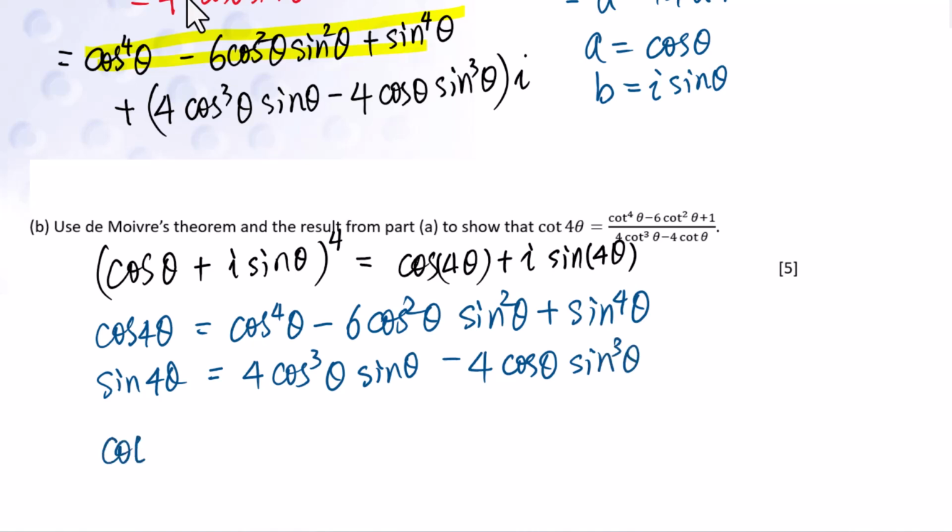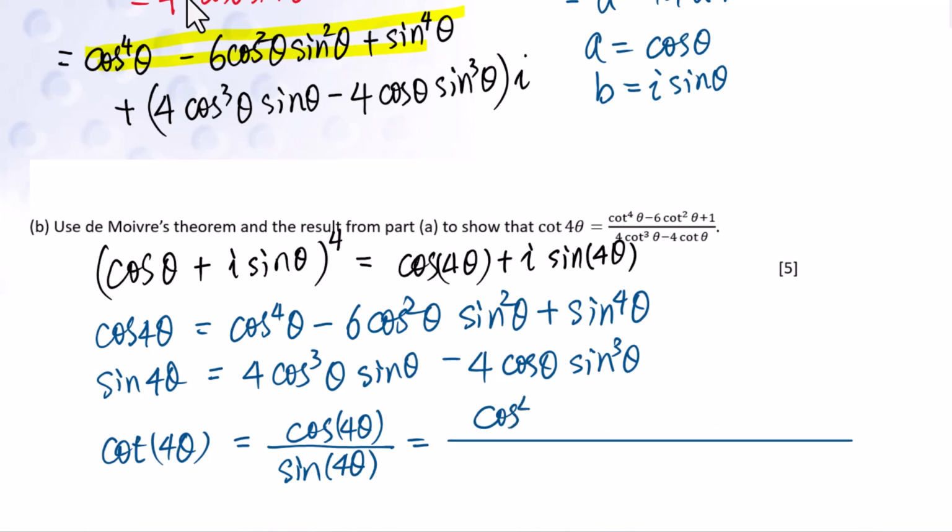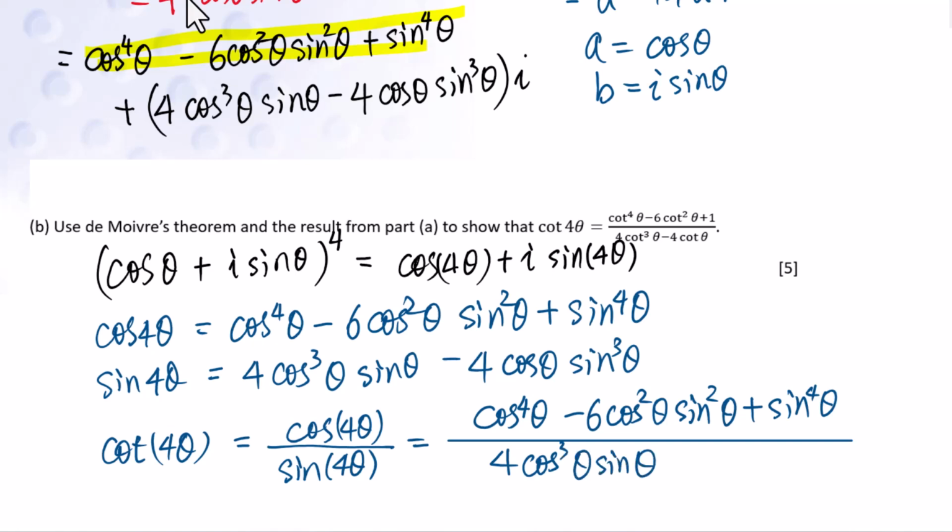For cotangent 4 theta equals cosine 4 theta over sine 4 theta, which equals cosine fourth power theta minus 6 cosine squared theta sine squared theta plus sine fourth power theta, all over 4 cosine cubed theta sine theta minus 4 cosine theta sine cubed theta.